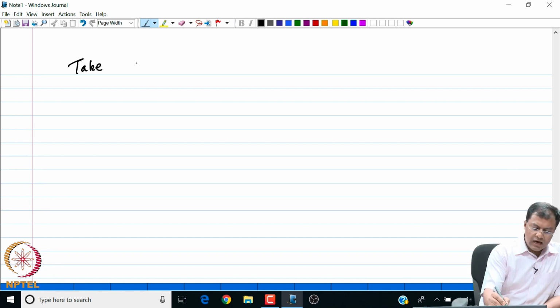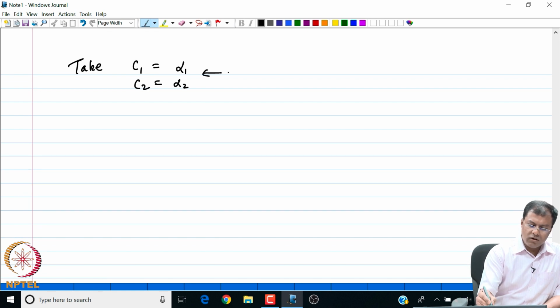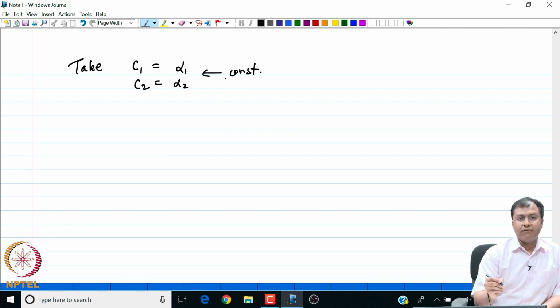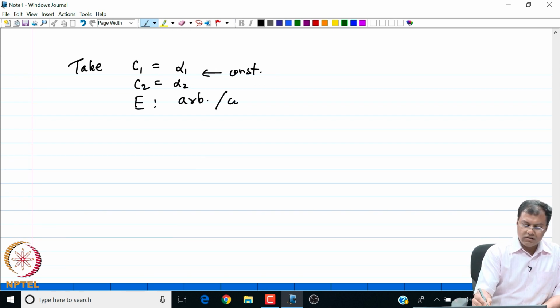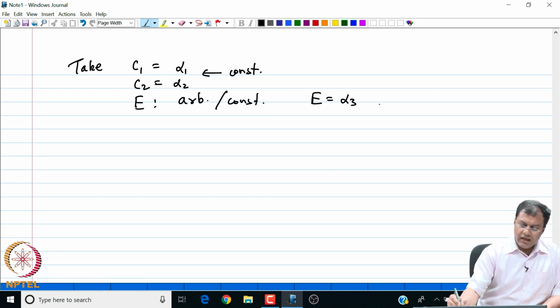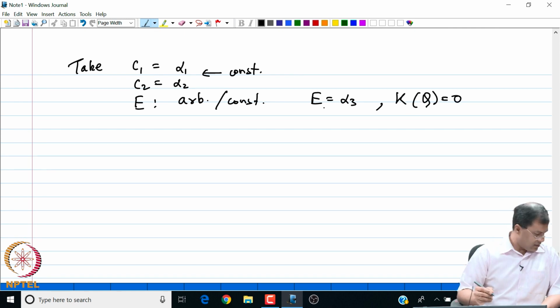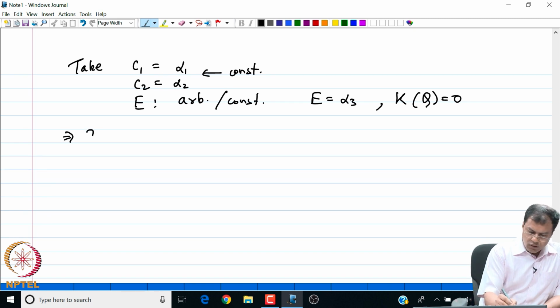What we have done is we take our C1 to be alpha 1 and C2 to be alpha 2. These are my constants in my original reference frame, in the small letter reference frame, and my E is arbitrary and constant, so I take my E to be alpha 3 and I take my k of Q to be 0, which means essentially I have absorbed one constant. So now my solution of the reduced Hamilton-Jacobi looks like the following.